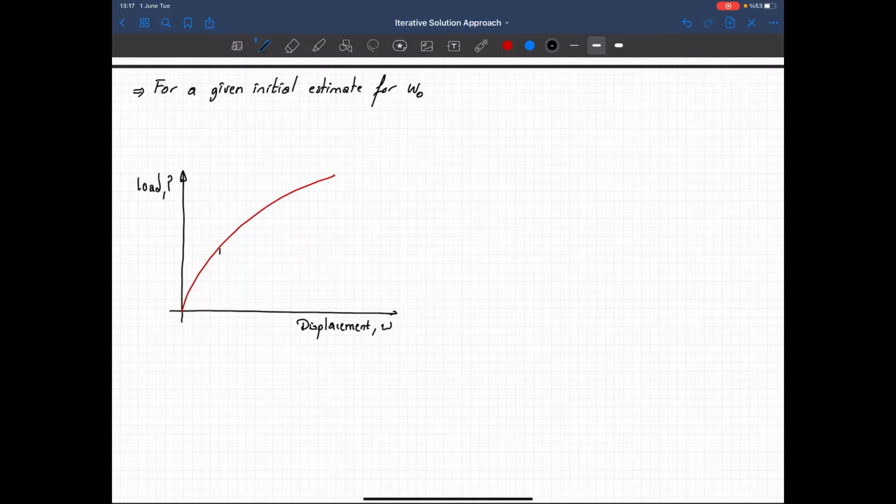And here, that's where we are. We have an initial W0, and this W0 is on the curve. Okay.